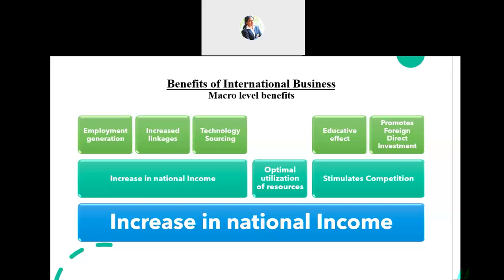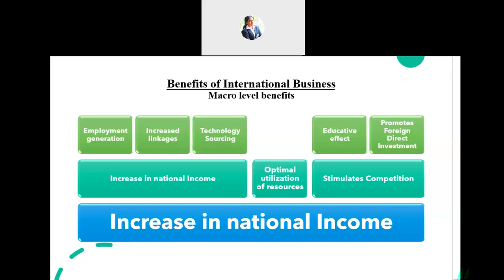The next one is increased linkages. Here we can speak about the staple theory of economic growth. This theory recognizes that foreign trade results in increased backward and forward links with other sectors of the economy.